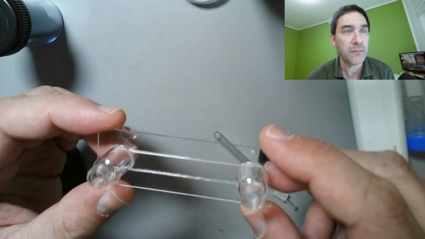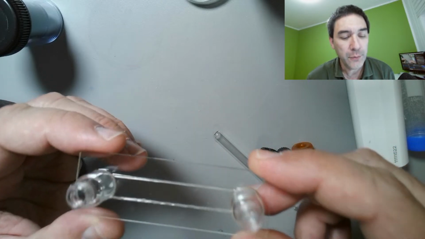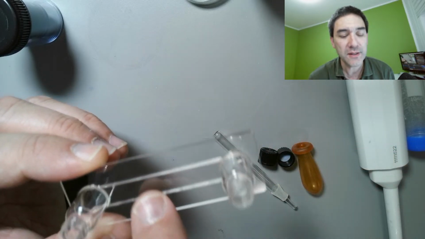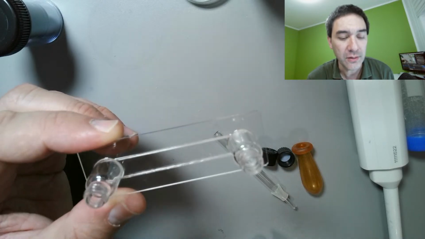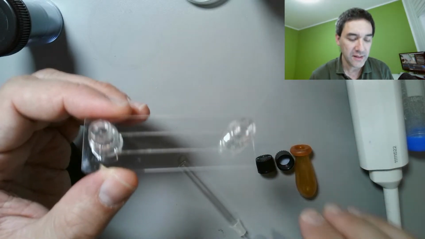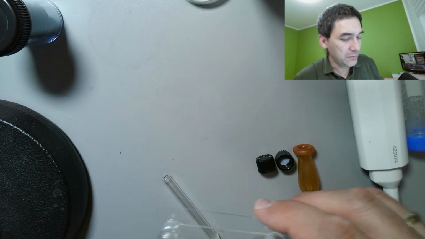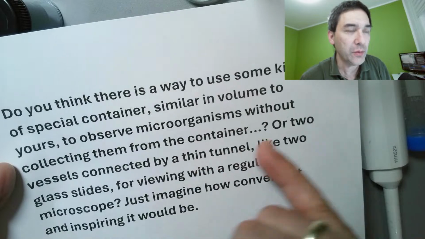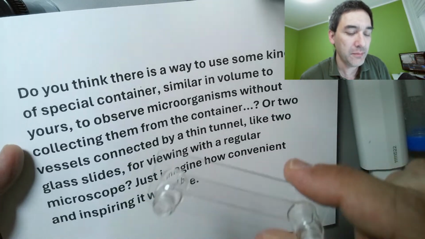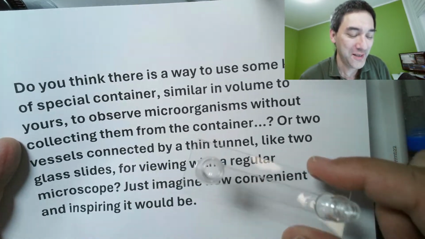However, I did find it a little bit difficult to clean. You have to rinse it out, but then sometimes some of the microorganisms might get attached in there. So your suggestion over here is already solved, so to say. It does exist.